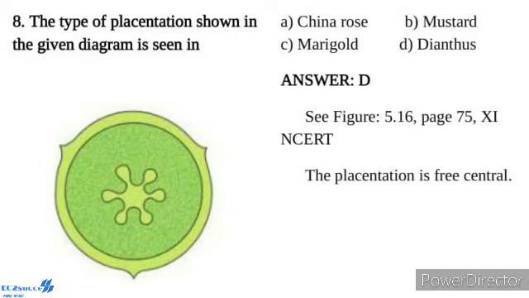Example, dianthus, that is pink, Silene and primula. So the correct answer is option D. D is dianthus. Other options: China rose, tomato and lemon, axile placentation; mustard, argemone, parietal placentation; sunflower and marigold, basal placentation.